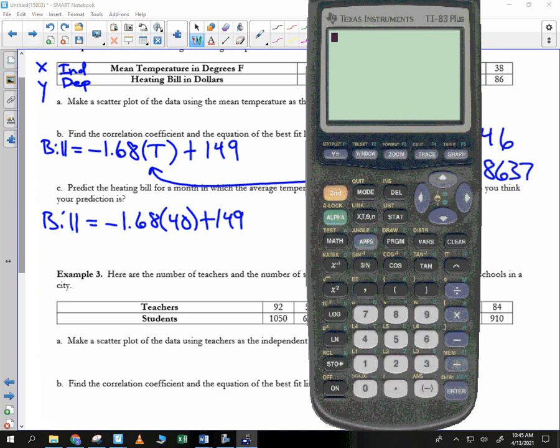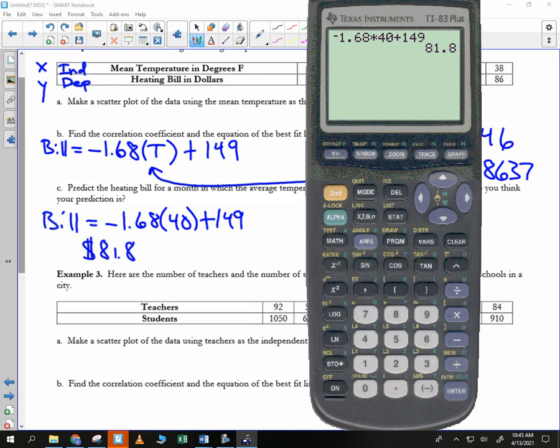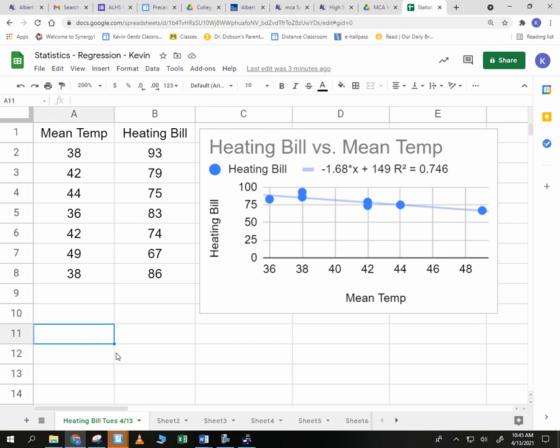Take out my calculator, negative 1.68 times 40 plus 149. $81.80. Now some of you are like, I don't want to go back and forth between my Chromebook and my calculator. So fine, go ahead and take your Chromebook and type it in there. Equals negative 1.68 times 40 plus 149. And there you have it, right there.